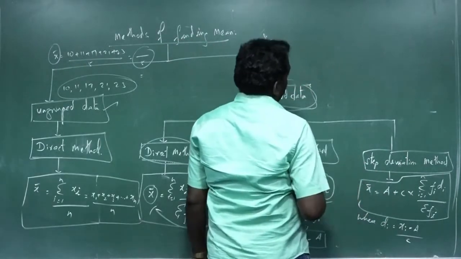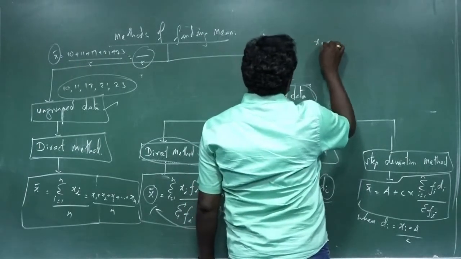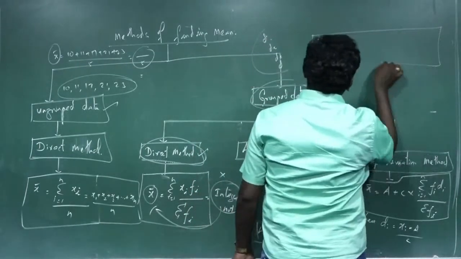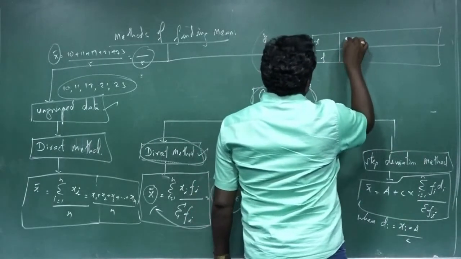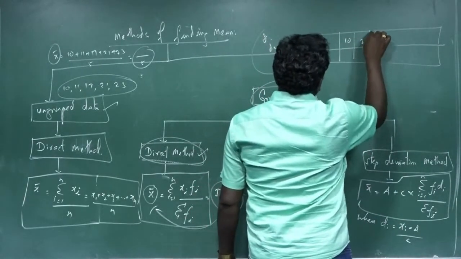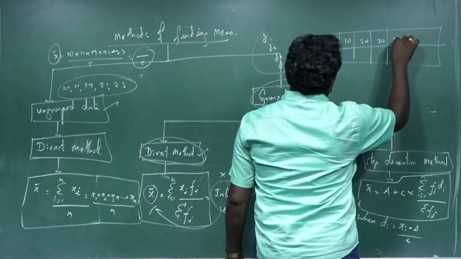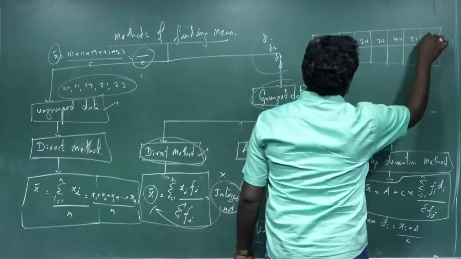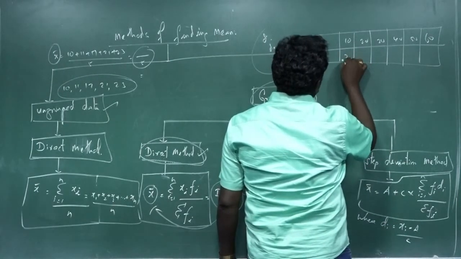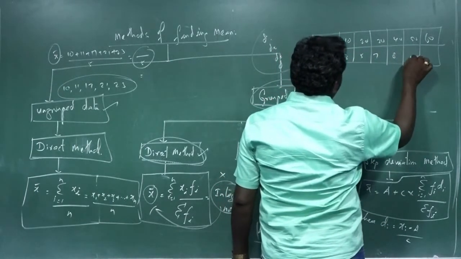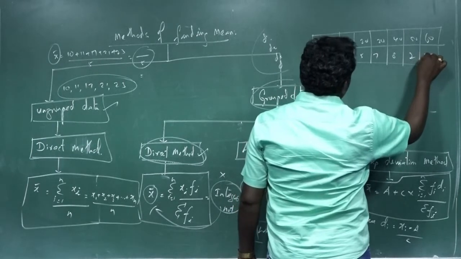For grouped data, x and f are given: x values 10, 20, 30, 40, 50, 60, and some frequencies given as 3, 5, 7, 8, 2 and 3, like that.